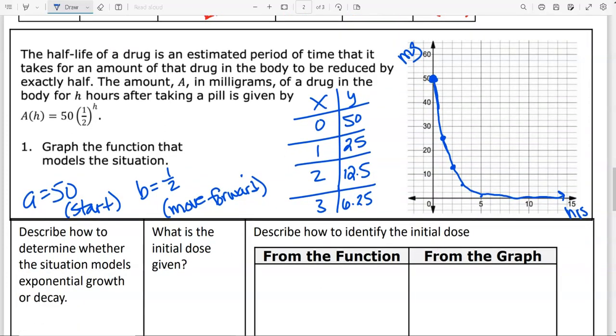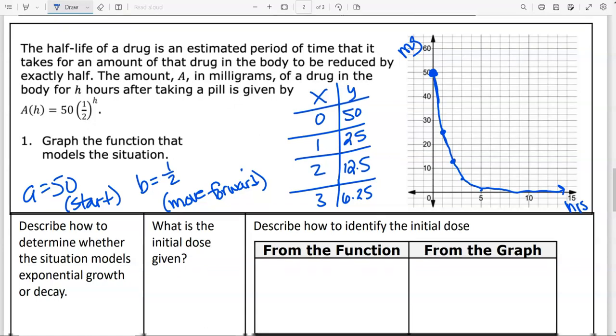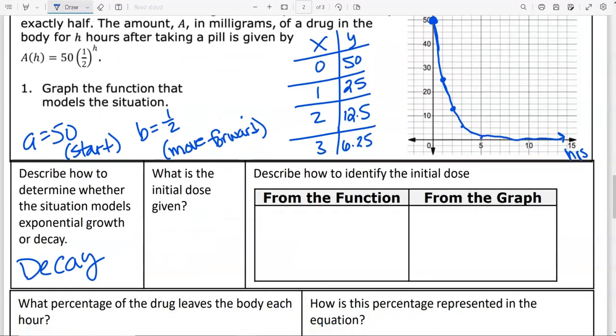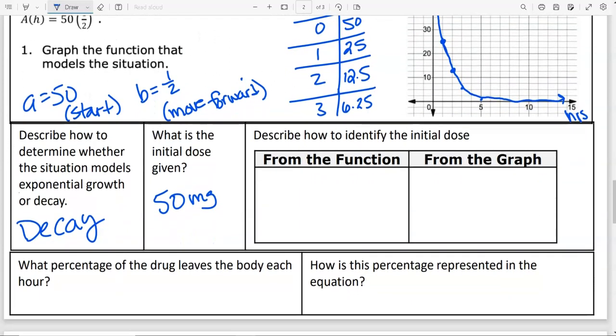All right, so did this model exponential growth or decay? Decay, yes, this is decay. What is the initial dose given? 50 milligrams, good. Describe how to identify the initial dose from the function.